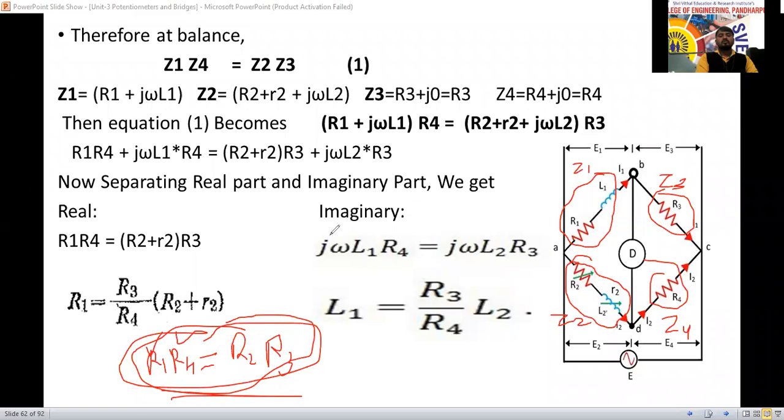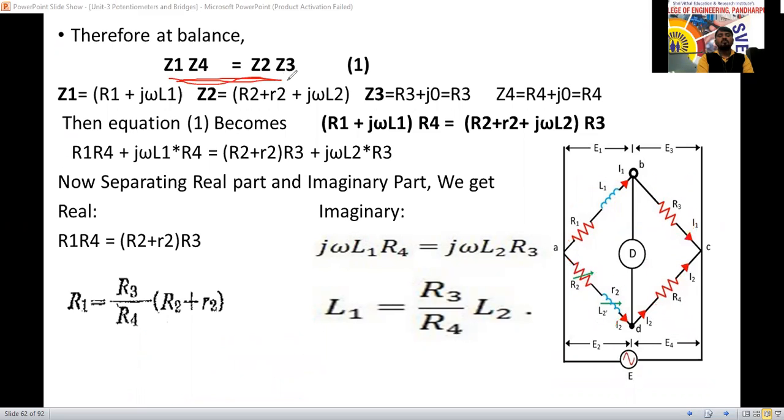Very good. So for that reason, at balanced condition, we have written Z1, Z4 equal to Z2, Z3. Now, equation number 1, I will consider this as Z1, Z4 equal to Z2, Z3.